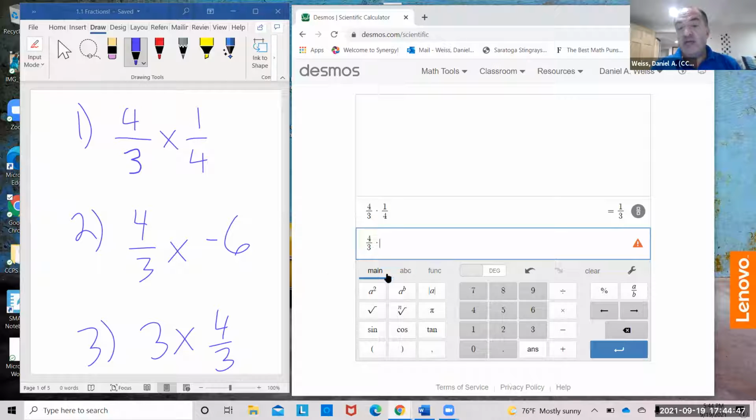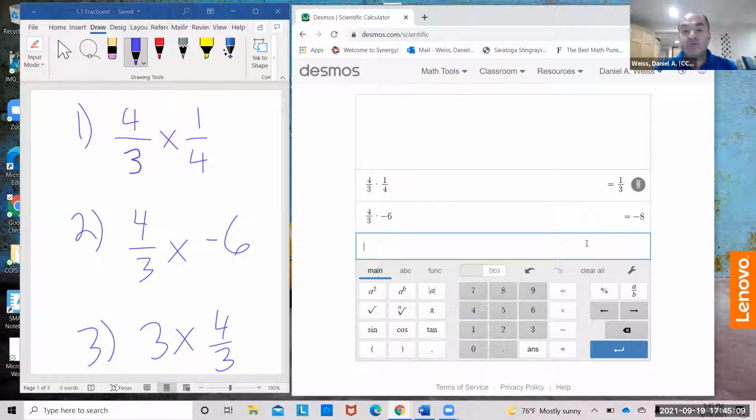So I'm going to type -6. Whoops, not -60, -6. Okay, my answer is -8. I don't have to change it to a decimal or a fraction because it's already in integer form.